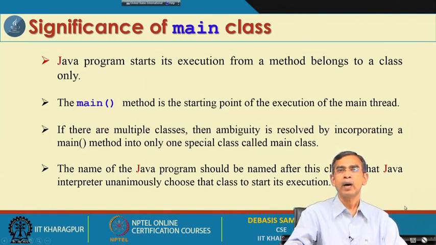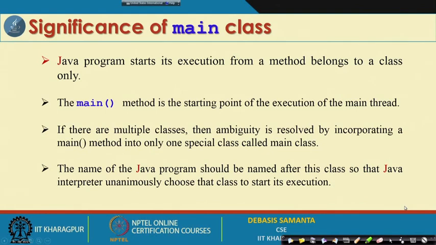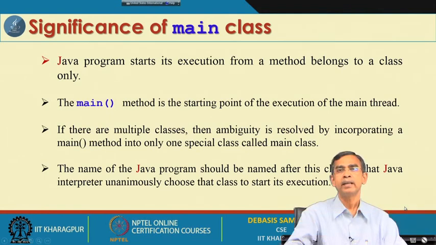There should be one class having the main method, and that is the main class. This is because, as you see, in a Java program there may be many classes. Out of these many classes, there should be some indication of which class the execution should start from.